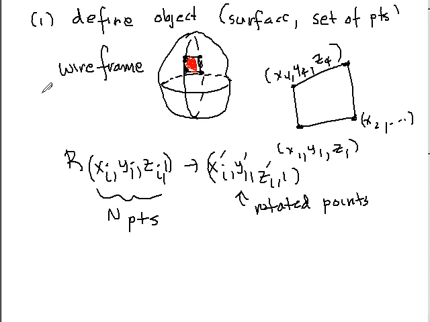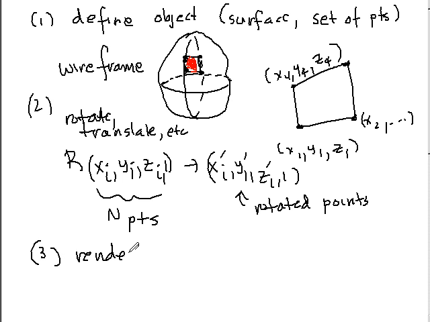You then rotate, translate, scale, etc. Now you have a whole other set of points, and now you have to render it. Now this up to here involves these complex variables and quaternions. The rendering does not. Because what you have to do is you have to put a surface on it.